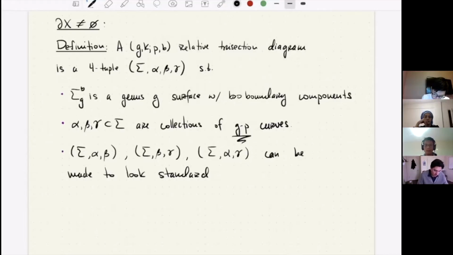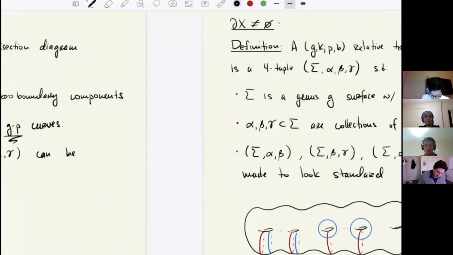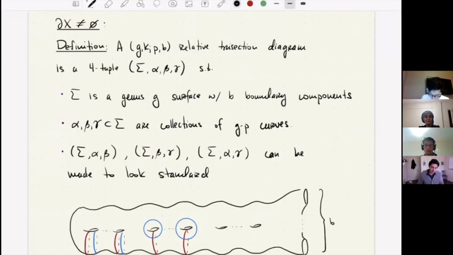Okay, and then we have the same standardness condition, but we can't package it in this nice Heegaard diagram terminology. So the standardness condition is that you can do diffeomorphisms of your surface or handle slides of your curves so that any pair of your curves looks like this.